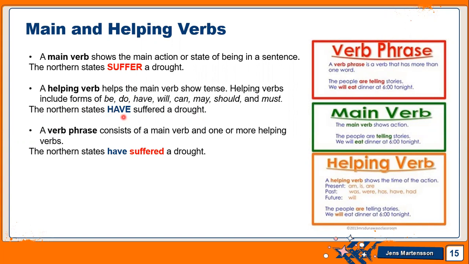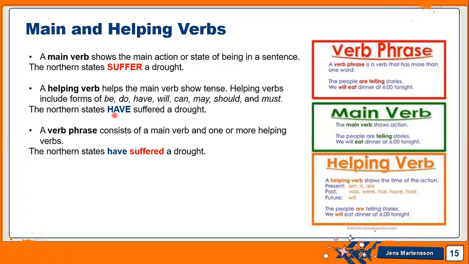Why do I use a helping verb? From its name, because it helps the main verb, which is the verb suffer, to show the tense, which is it present, past, or future? Because I'm using the past tense, I added the helping verb have.